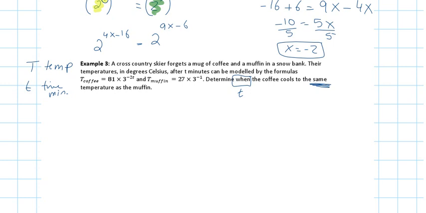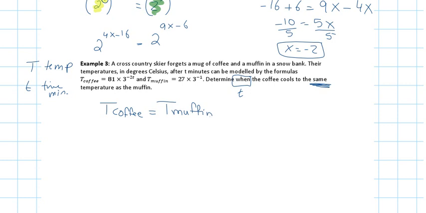I'm looking for the time when the temperatures are equal to each other. Reading the question a couple of times will get you the idea. So I know that I'm looking for the same temperature, which means the temperature of the coffee is equal to the temperature of the muffin. This is where I have to start.